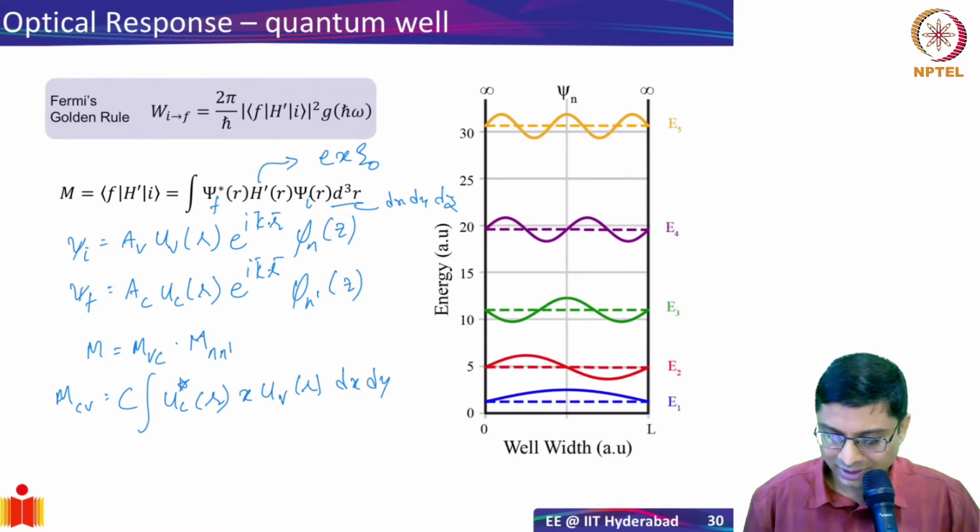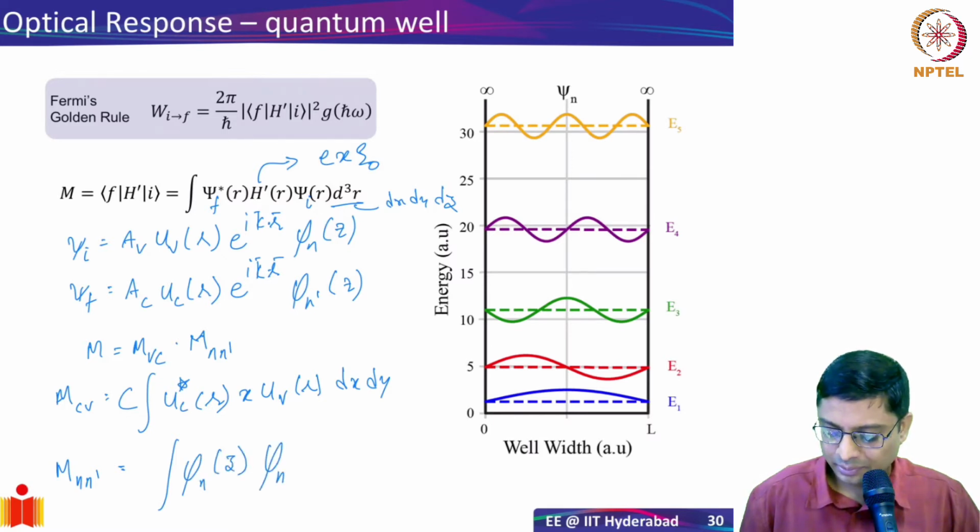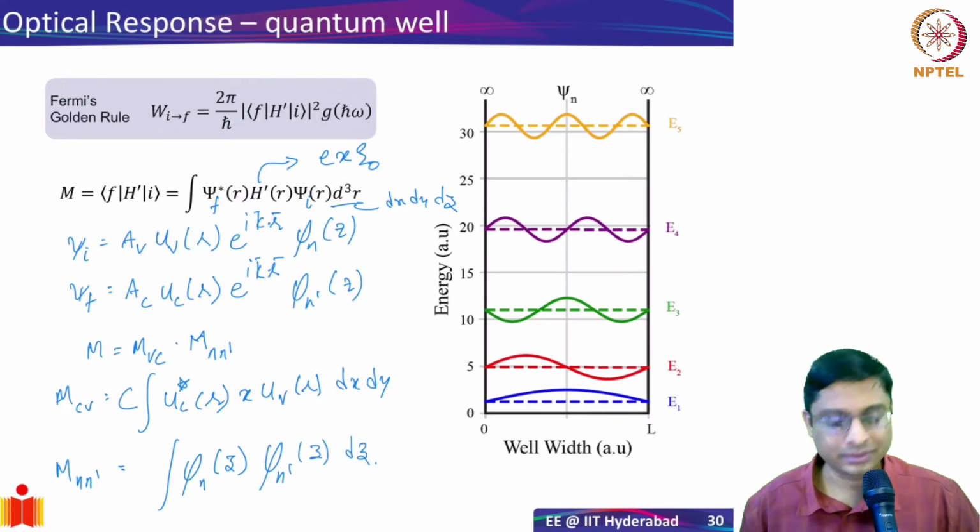And then there's going to be another integral, which is going to be M_nn prime, I'll call it, which is again some overlap. Or I can put all the coefficients in the first integral, so we can ignore this. So this is going to be the integral of phi_n(z) phi_n prime(z) dz. There are two parts, so the product of this is essentially this. I'm just separating the integral into two parts.